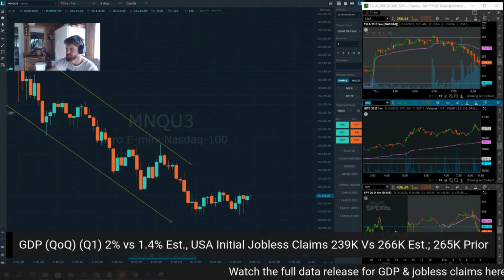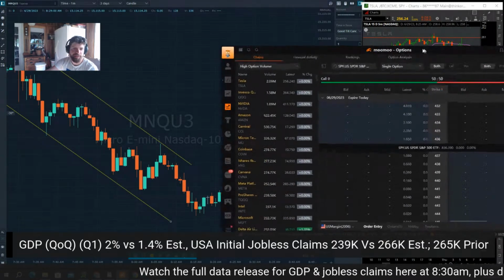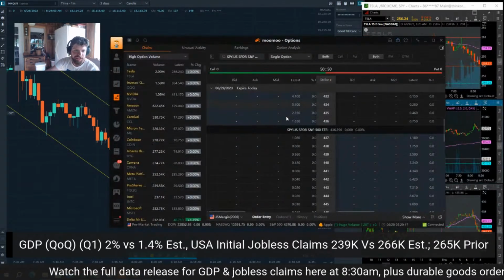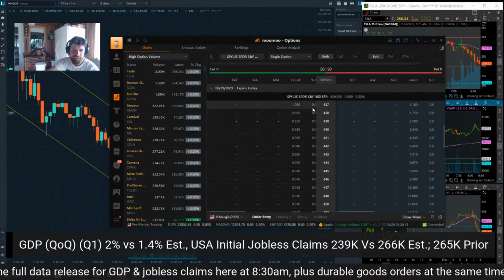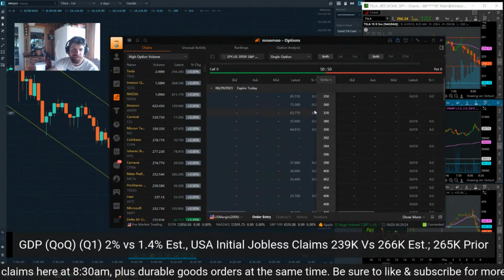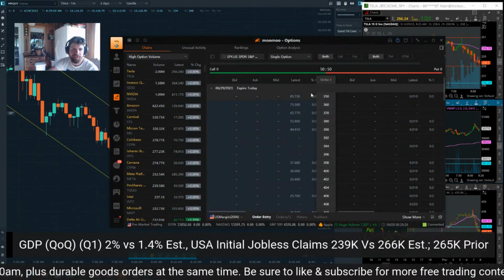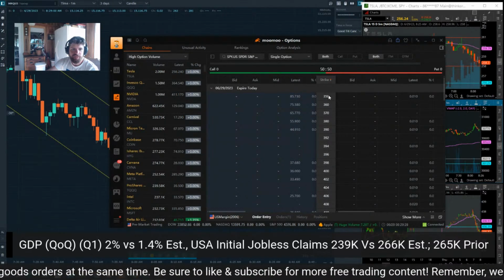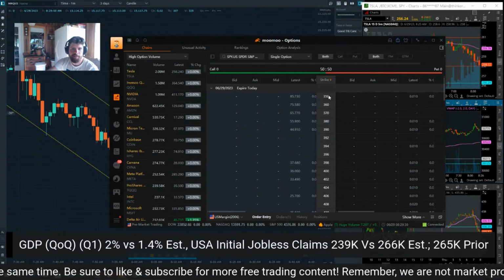All right, so here's the 0 day till expiry options. Y'all are going to have to help me figure out how to use these. Why is there no bid and ask price? Is my question. 350 strike price on the SPY.